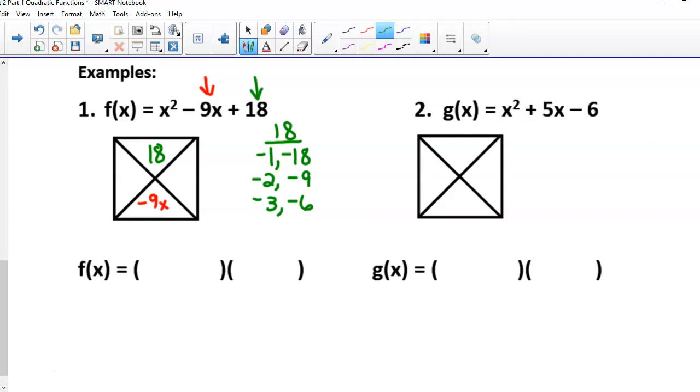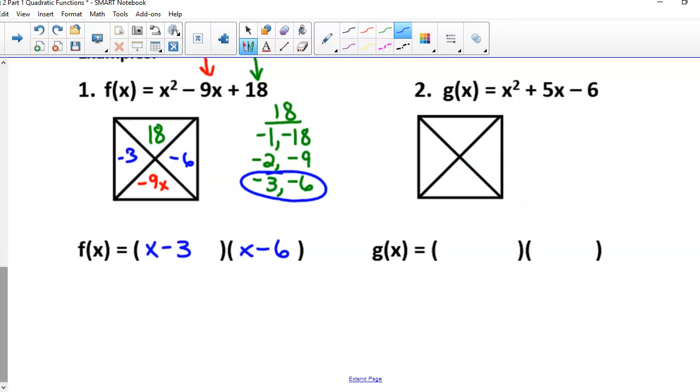Now we need to take a look at which of these pairs is going to add up to give us -9. And that's -3 and -6. So now we can say x minus 3 and x minus 6.